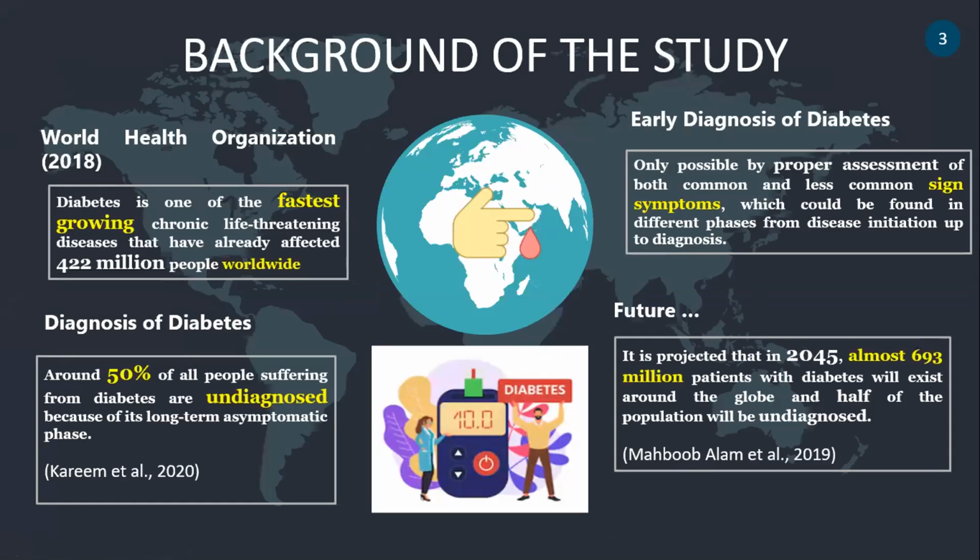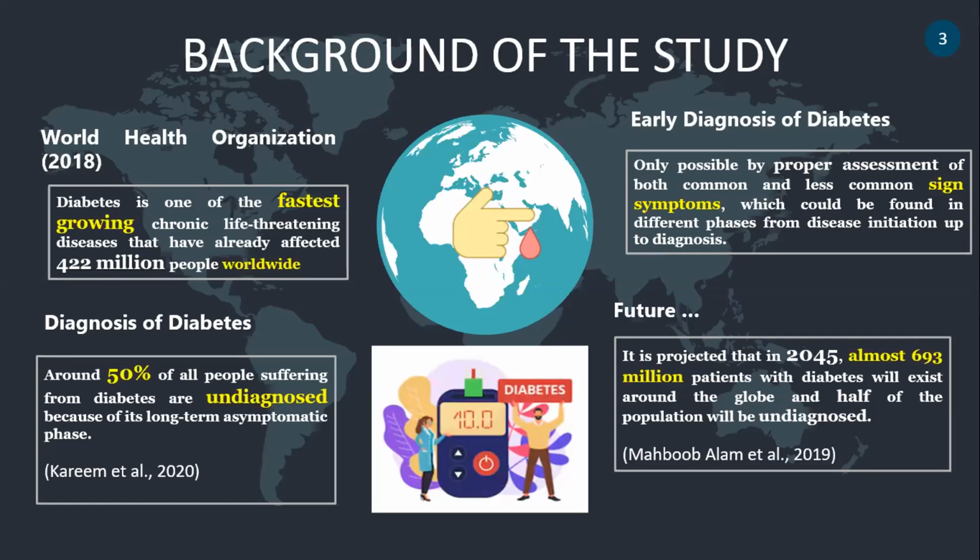Diabetes has become a common disease to mankind, from young to older persons. According to WHO, diabetes is the fastest growing chronic life-threatening disease that has already affected 422 million people worldwide.